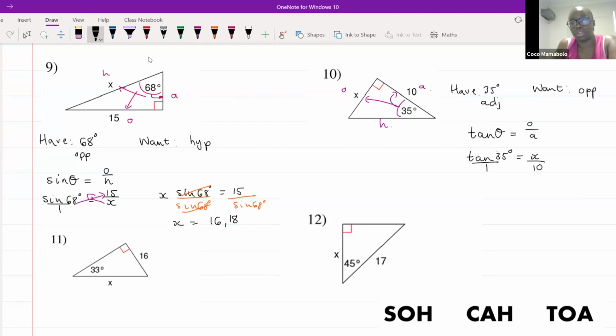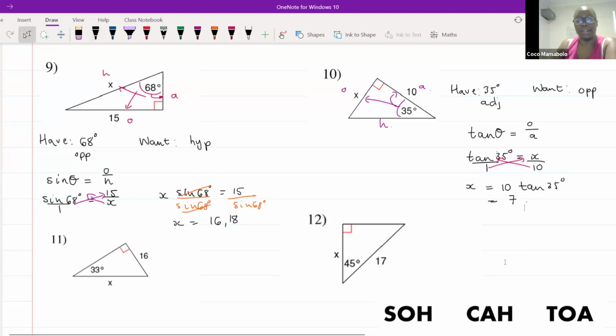I'm going to put this over 1 and cross multiply. 10 will go that way, and 1 will go that way. So I get 1 times x is equal to x, and then 10 times tan 35 degrees. We can punch that into our calculator. What am I getting as an answer, peeps? 10 tan 35 is equal to exactly 7. Good, it's 100%.